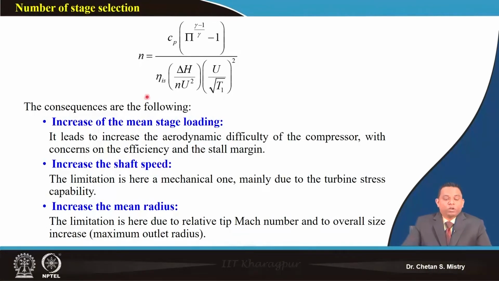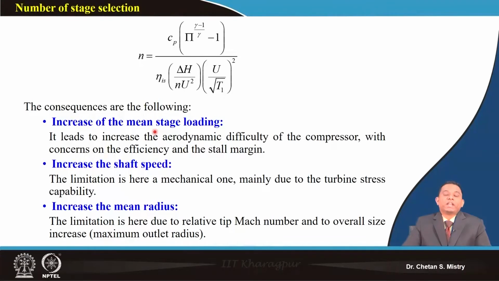Now for the number of stages, as we have discussed, we have two parameters that need to be increased in order to reduce the number of stages. When we increase our mean stage loading, that creates trouble in terms of aerodynamics, because we are concerned about our efficiency as well as our stall margin.